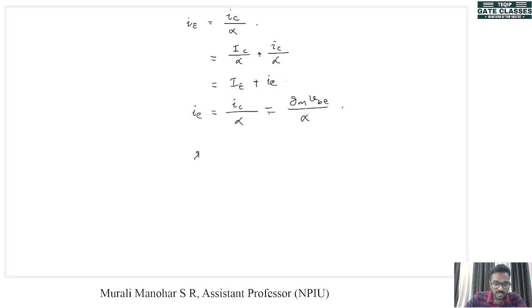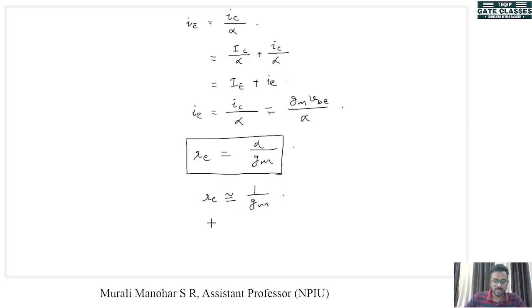So that resistance is denoted by re and it is given by alpha divided by gm. Now we know that alpha is approximately equal to 1, so re can be approximated to 1 by gm. Now this re can also be written as vbe divided by ie.